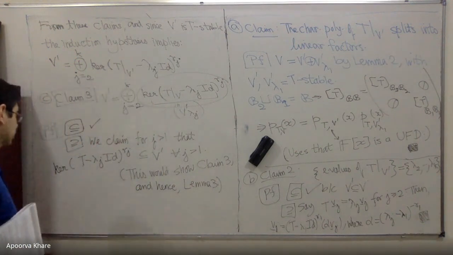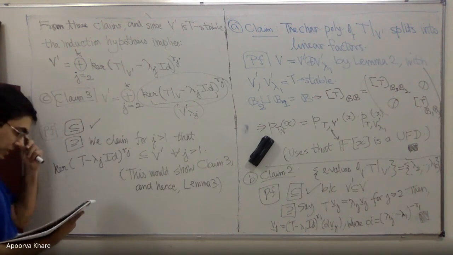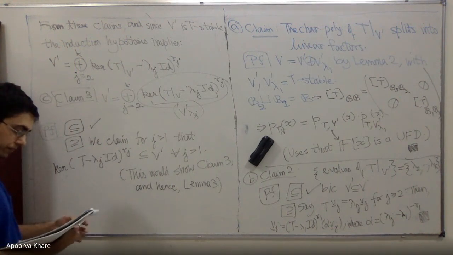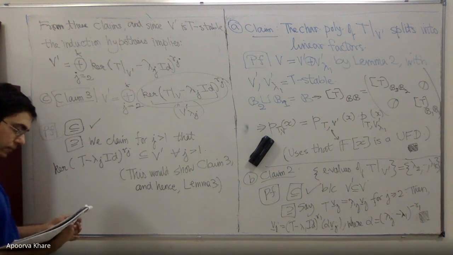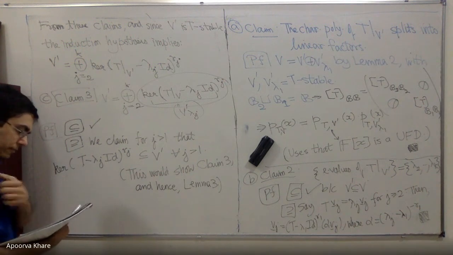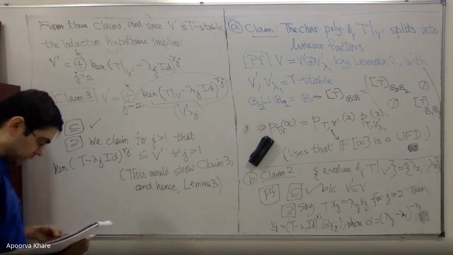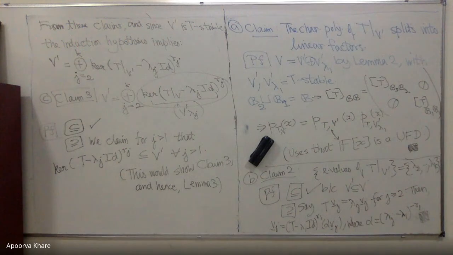Okay, so why is this true? This is where you have to do these things. What is V0? I thought we called it V lambda 1. I think this was called V lambda 1, so I should not call it V0.